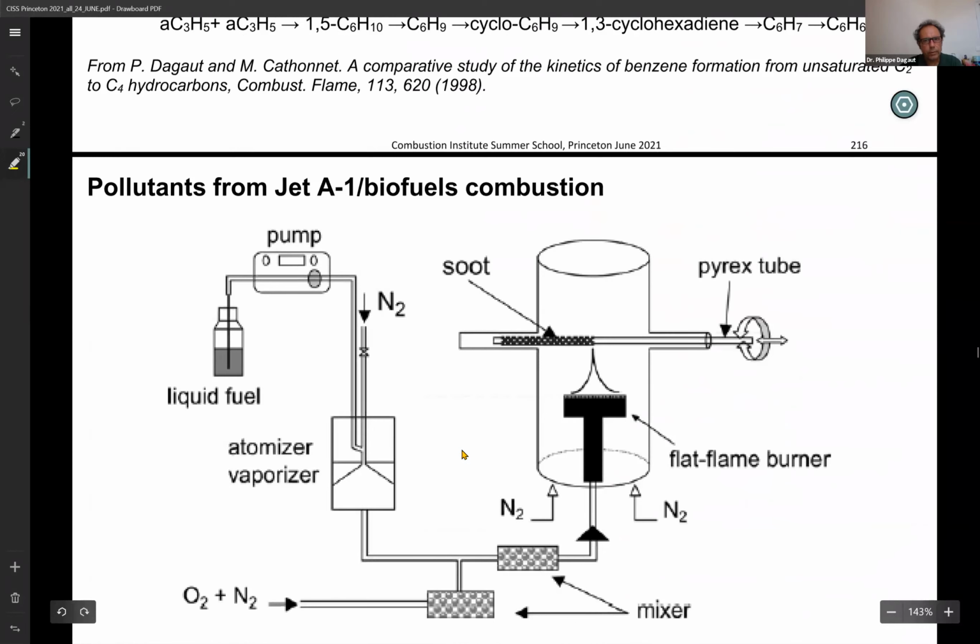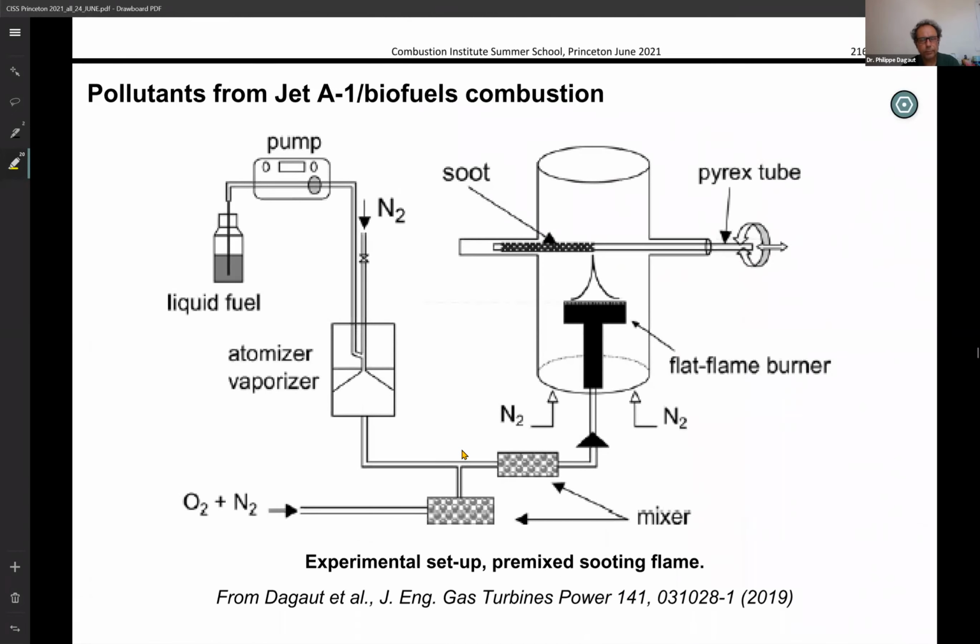We also looked at the formation of soot using a laboratory flame. So we used liquid fuel. Here we use a Jet A1 and the same biofuels as before. So we pump the liquid fuel with an HPLC pump.